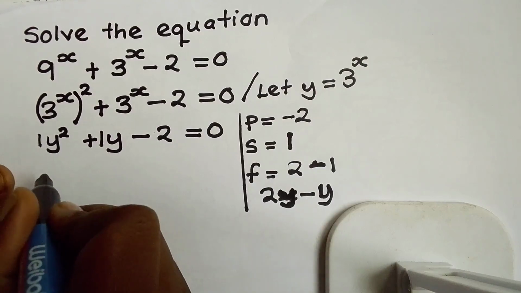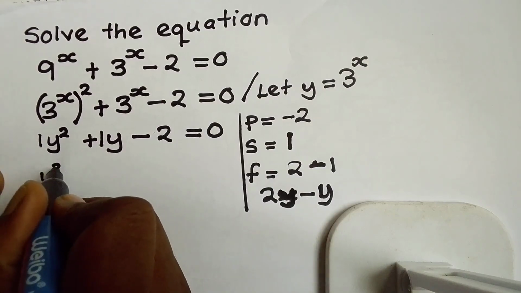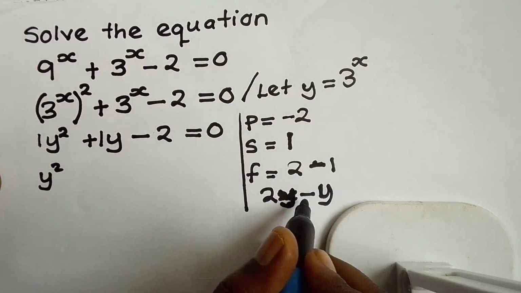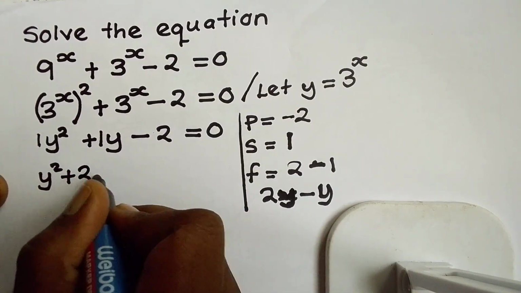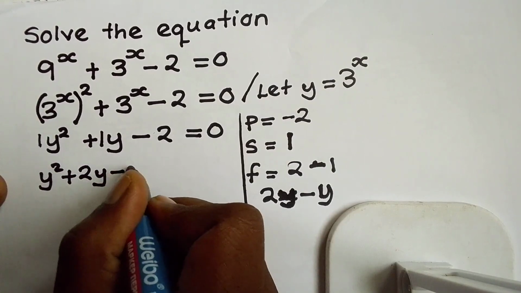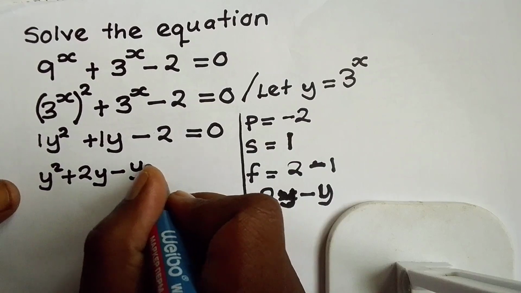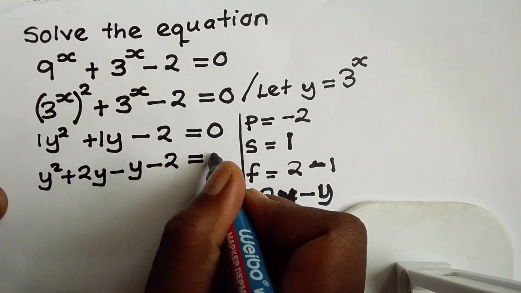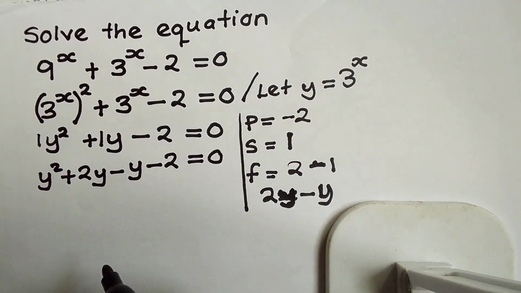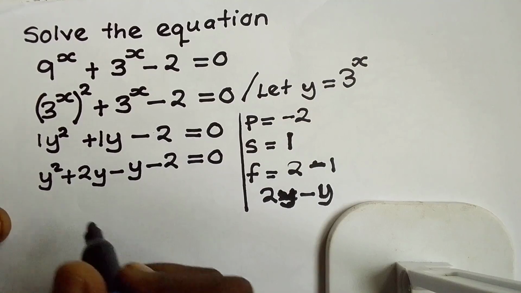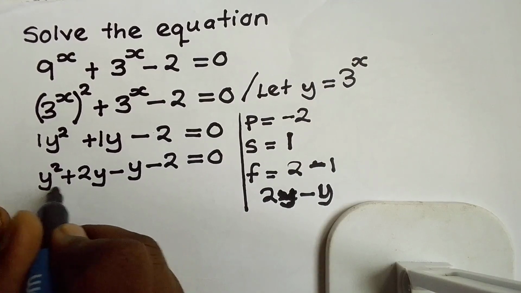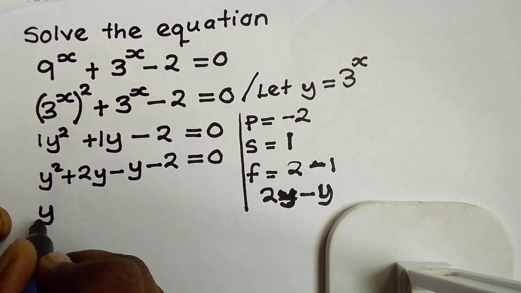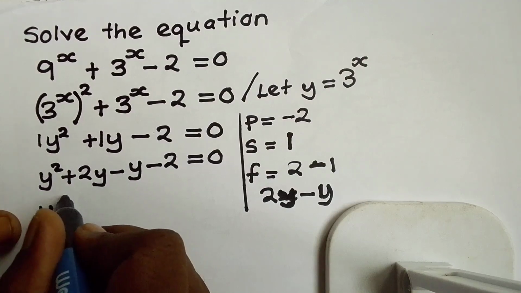Okay, so we're going to write this one as y squared, and 2y minus y is y. So where there is y, you put +2y minus y, then minus 2 is equal to 0. Having done this, we can now factorize what is common here. Y is common, then you open the brackets.